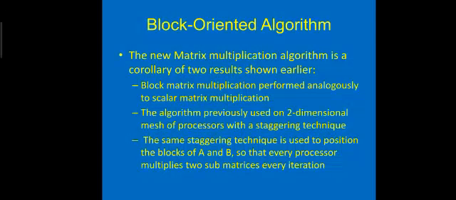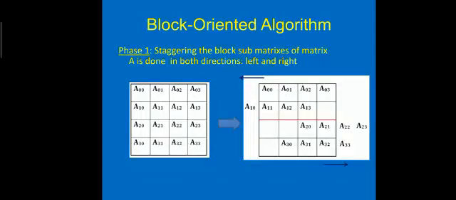The same staggering technique is used to position the blocks of A and B so that every processor multiplies two submatrices in each and every iteration.